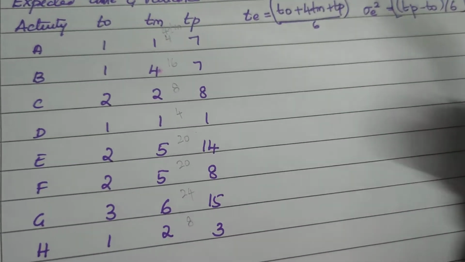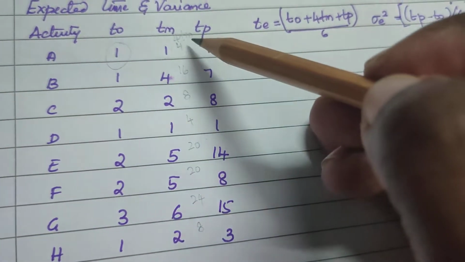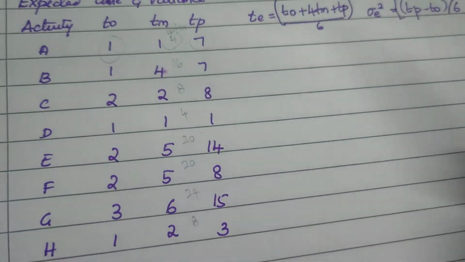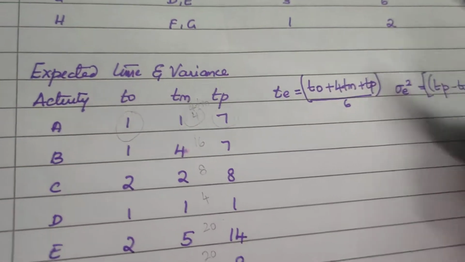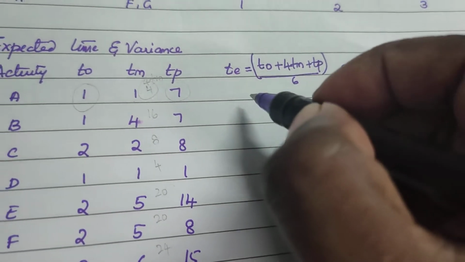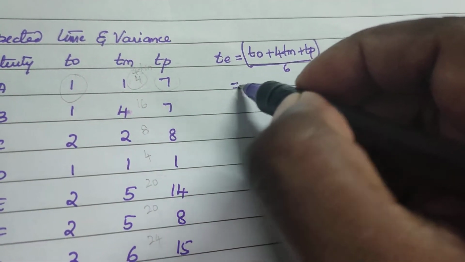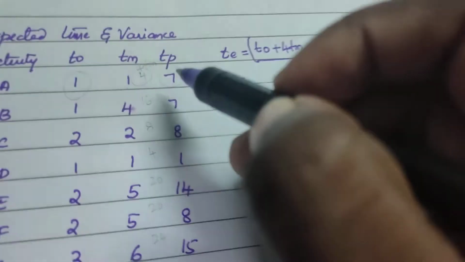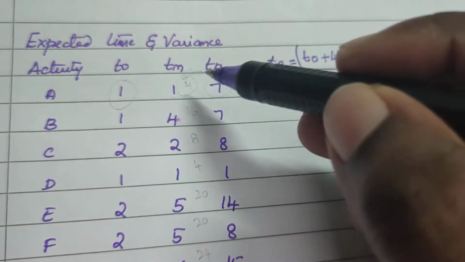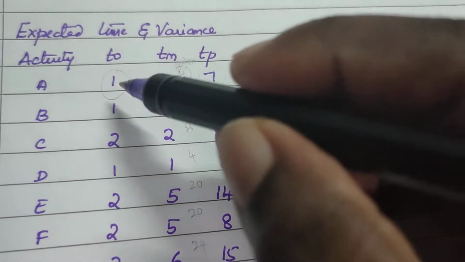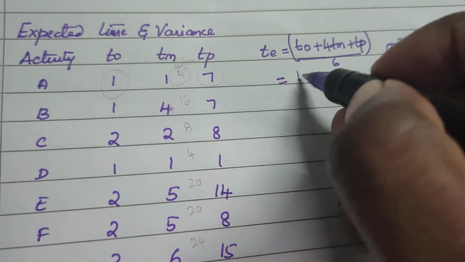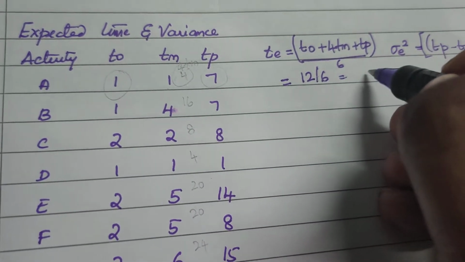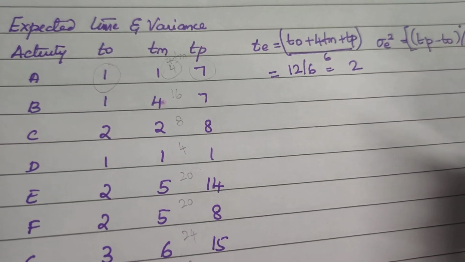Now all I have to do is add this and this and divide it by 6. Simple, it's a direct method. You can use a calculator, of course, but in case you don't have a calculator, you can always do this. So 1 plus 4 plus 7, that means 5 plus 7 is 12. 12 by 6 is 2, the first one.